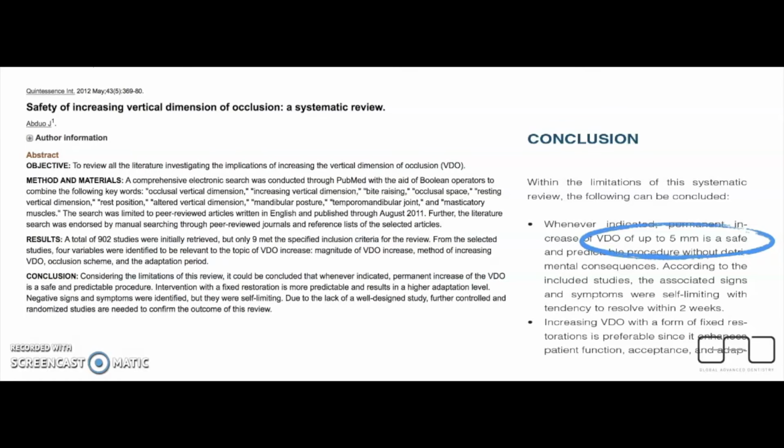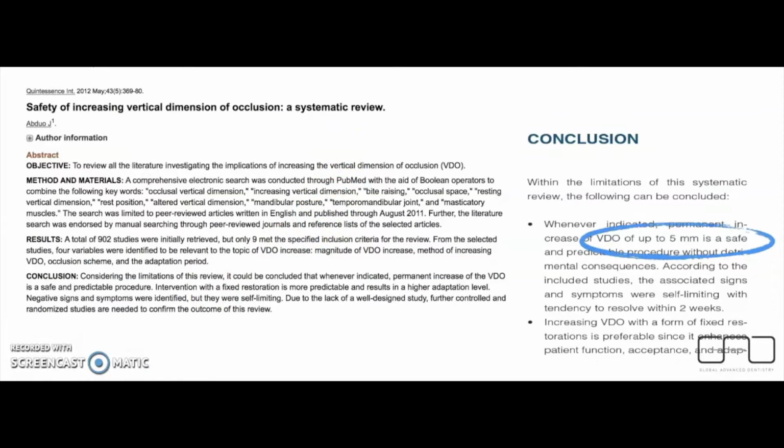The second question is, how much should I increase the vertical dimension? And we have literature on this. We can increase until 5 millimeters without problem. This is an article written in 2012 with a systematic review.